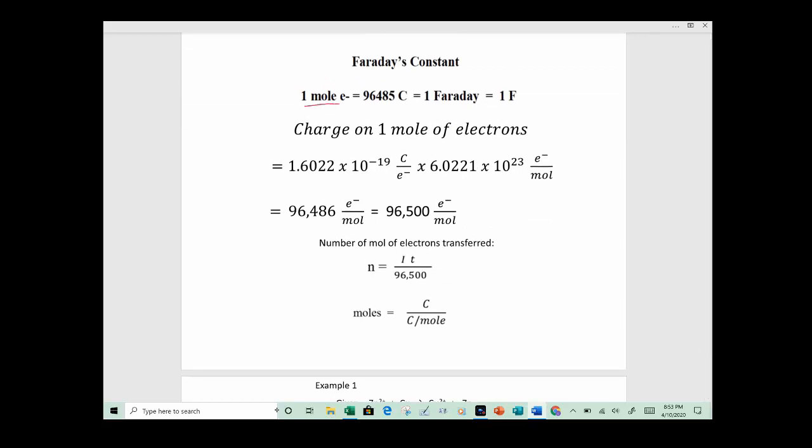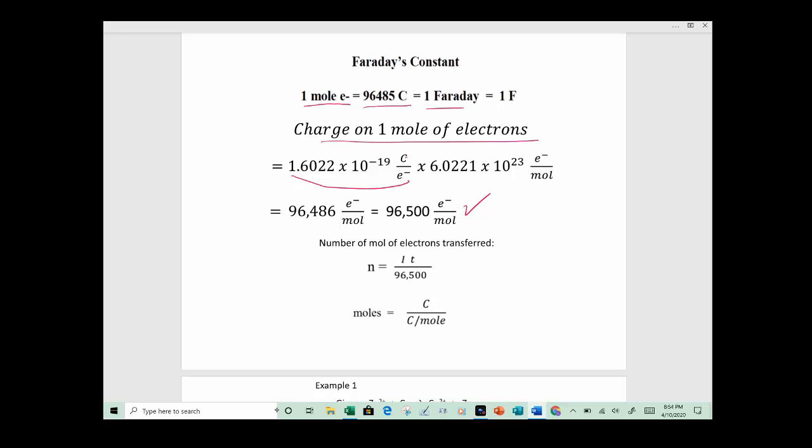Faraday's constant: 1 mole of electrons carries a charge of 96,485 coulombs, close to 96,500, and we call that 1 Faraday. It's really the charge on 1 mole of electrons. One electron has this charge in coulombs per electron. 1 mole has this number of electrons per mole. We multiply the two numbers together and we get Faraday's constant.